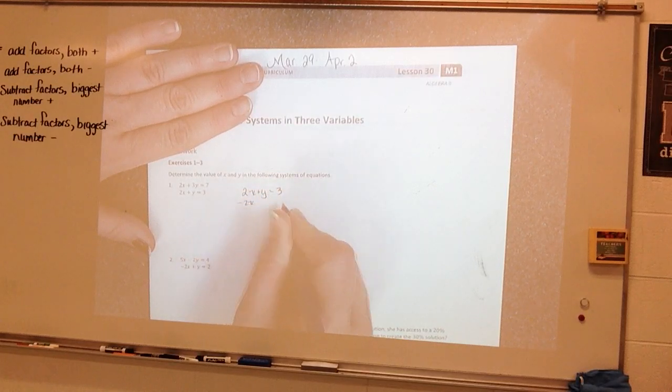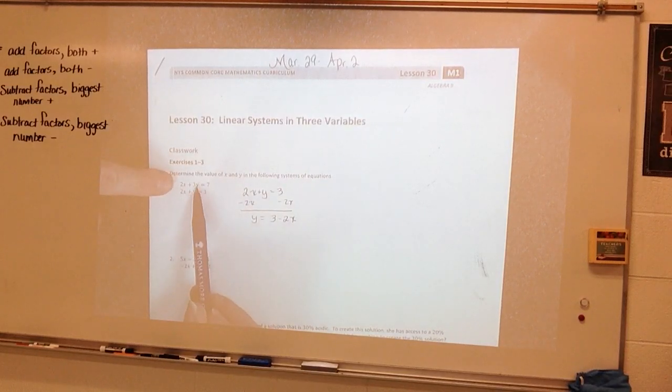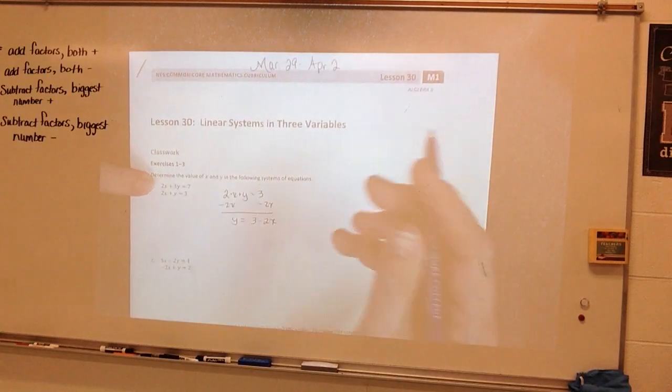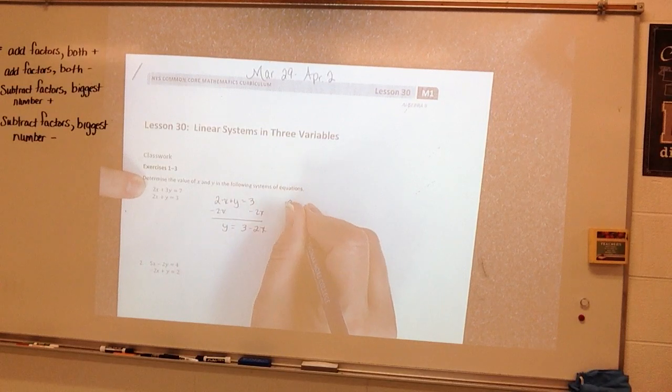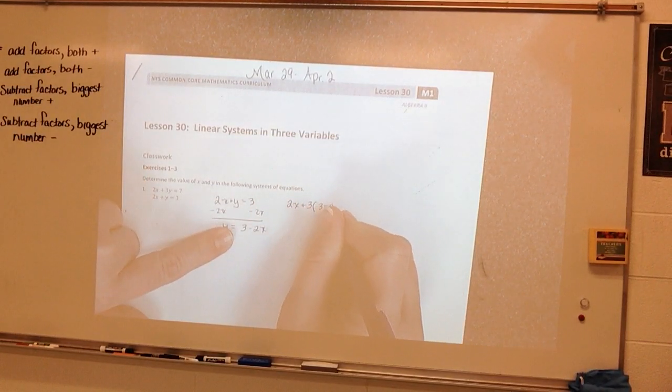I'm going to subtract the 2x, and I get y is equal to 3 minus 2x. Since I know what y is equal to, then I can plug it in for y here. Alright, so I get 2x plus 3 times 3 minus 2x is equal to 7.